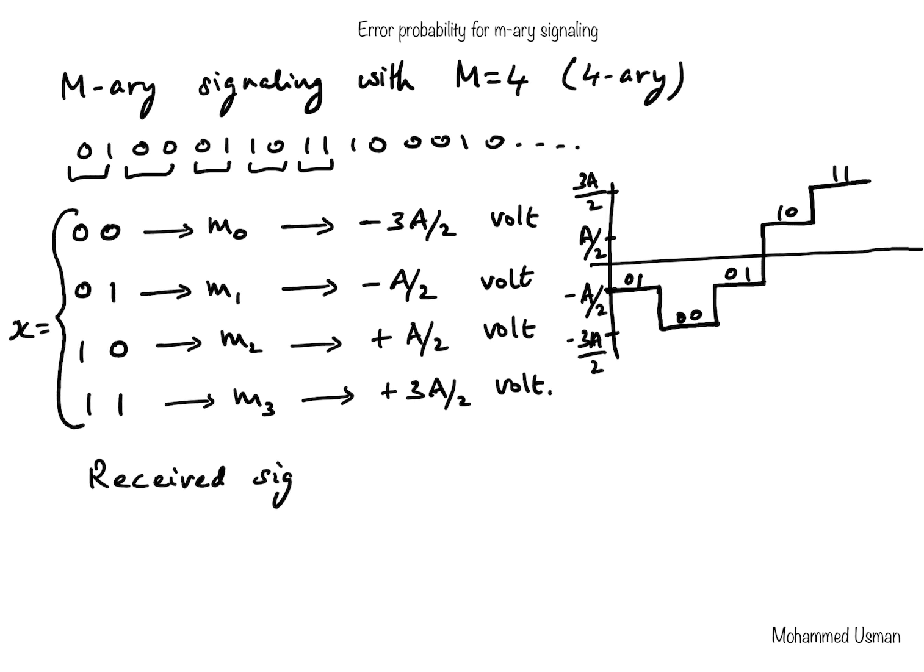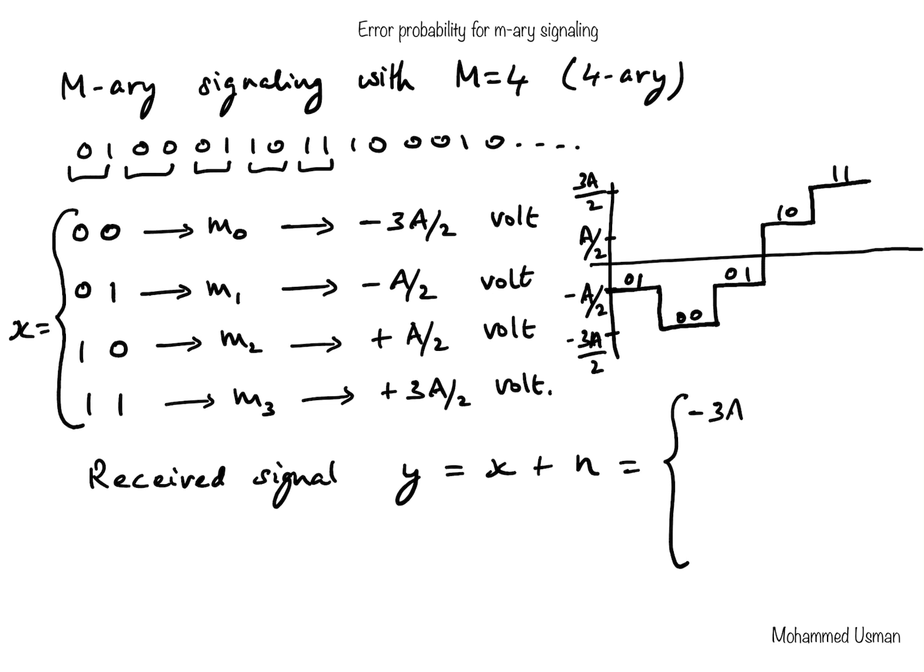The received signal Y is equal to the transmitted signal X plus noise. And because the transmitted signal can take one of these four possible values, the received signal can be one of these four possibilities.